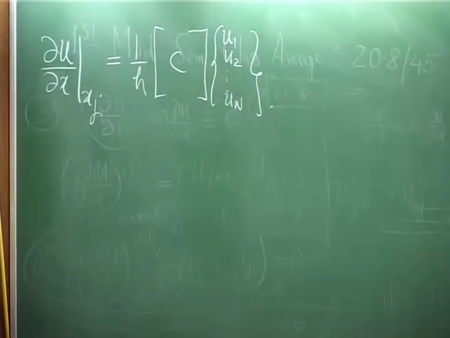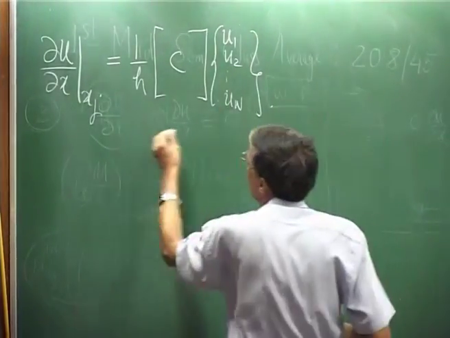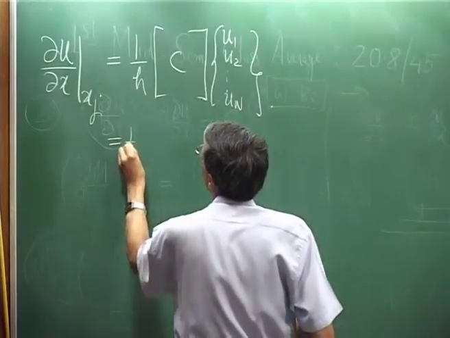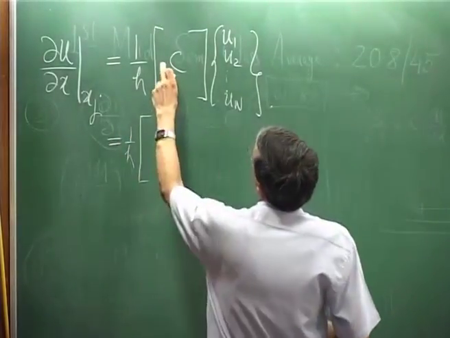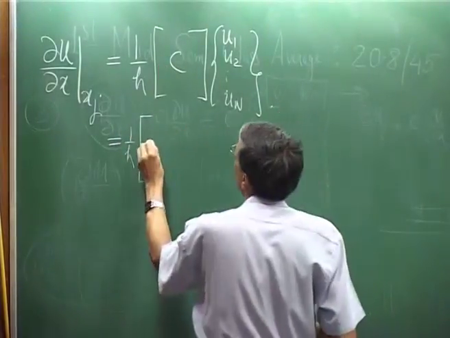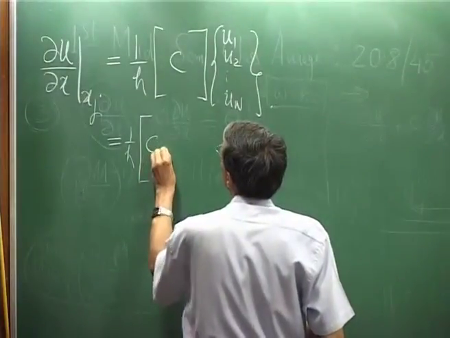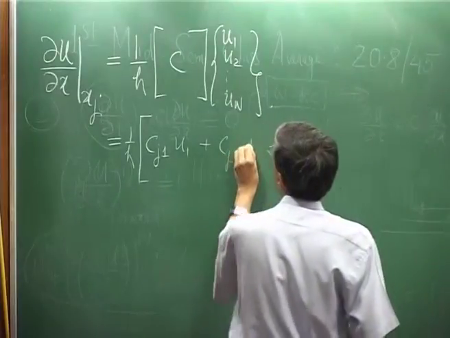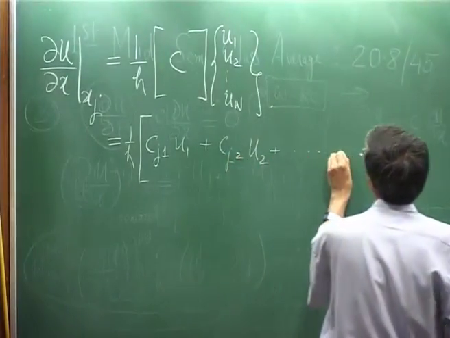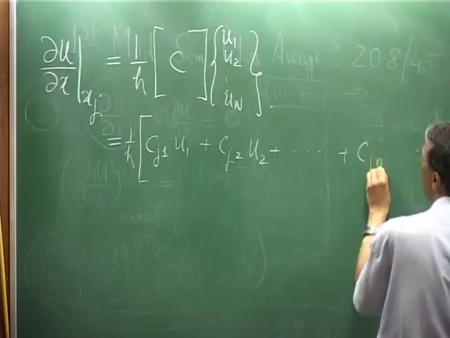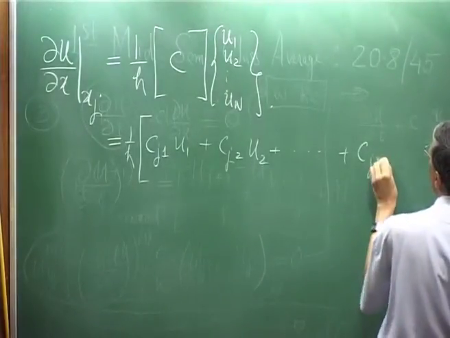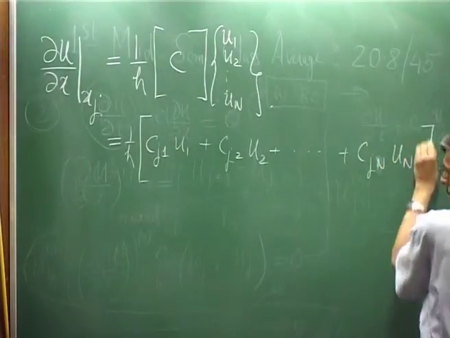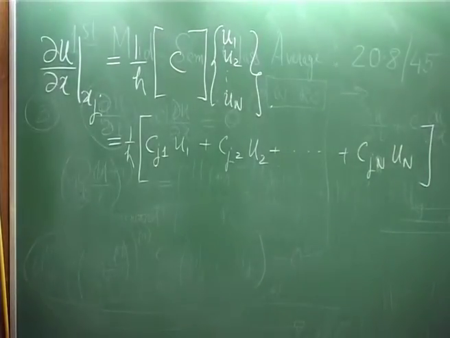If I expand it, I look at the jth row. I will get C_j1 u_1, C_j2 u_2, all the way up to C_jn u_n.